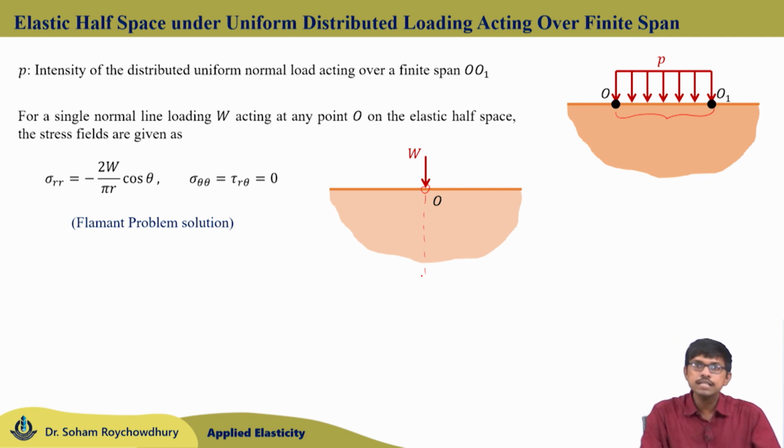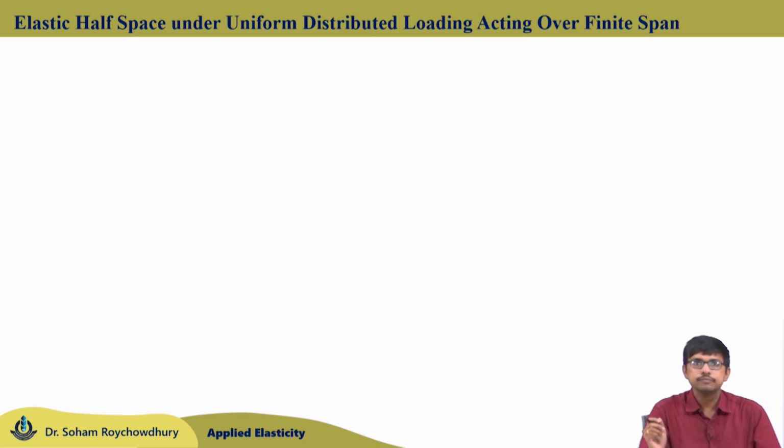Now, using this Flamant problem solution and the principle of superposition, we will try to obtain the solution of this problem, where the elastic half space is subjected to the distributed loading of fixed, constant intensity P acting over a finite span between these two points O and O1.